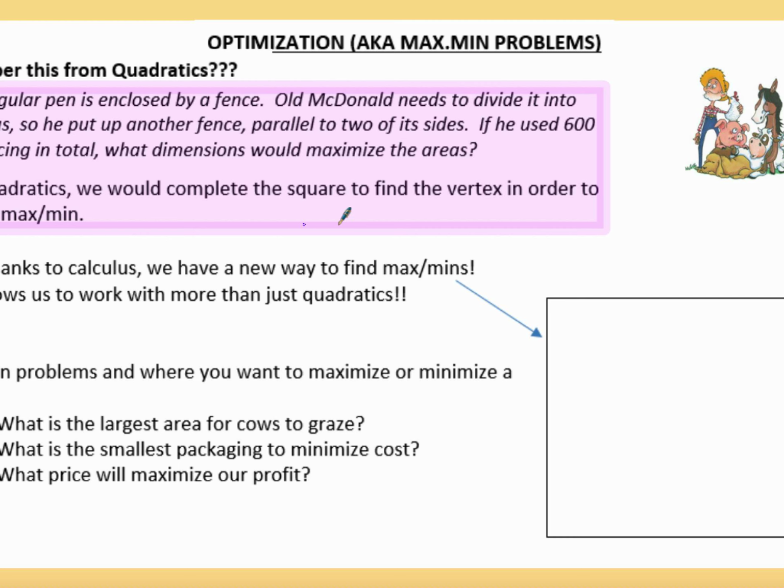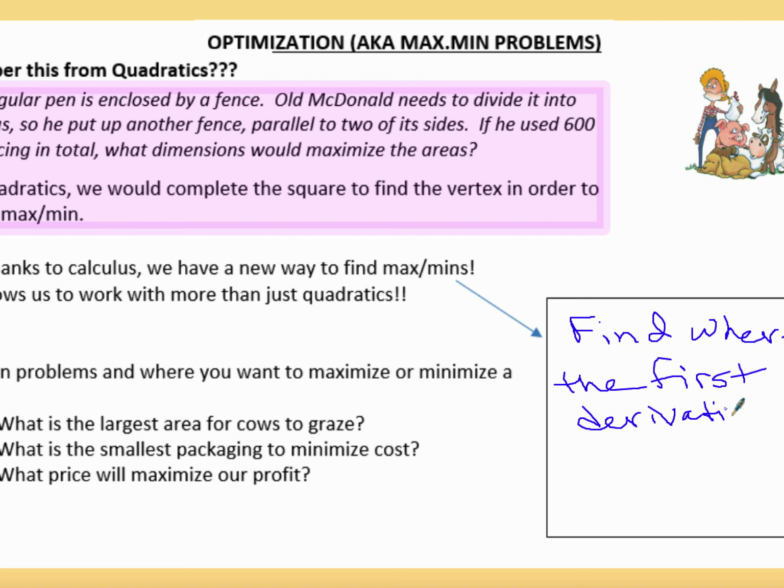So we're just going to find where the first derivative is equal to 0, and that can help us maximize our area.